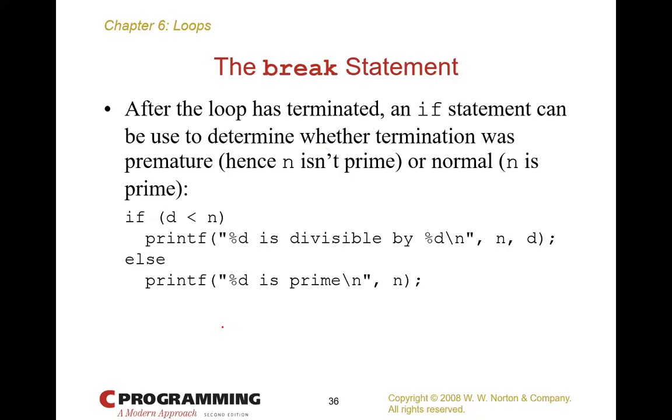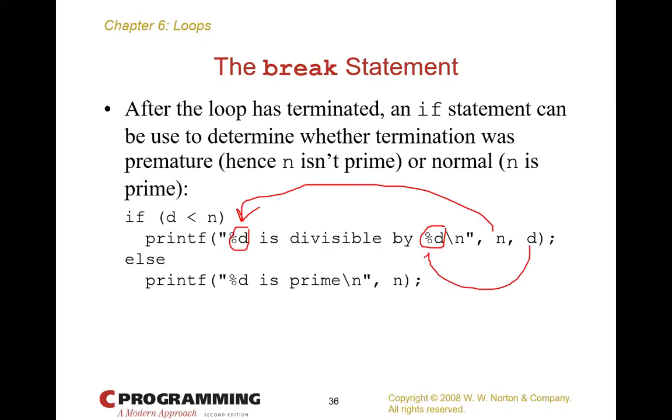After the loop was terminated, an if statement can be used to determine whether termination was premature. Hence, n isn't prime or n is prime. So here is an example. We can say if d is less than n, then print that the first placeholder, which is n, is divisible by the second placeholder variable, which is d.